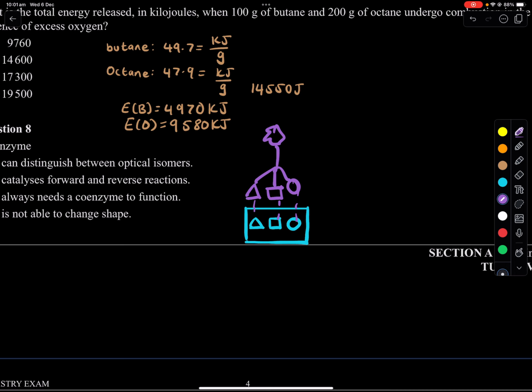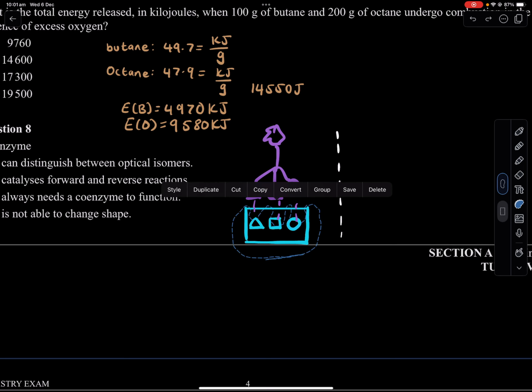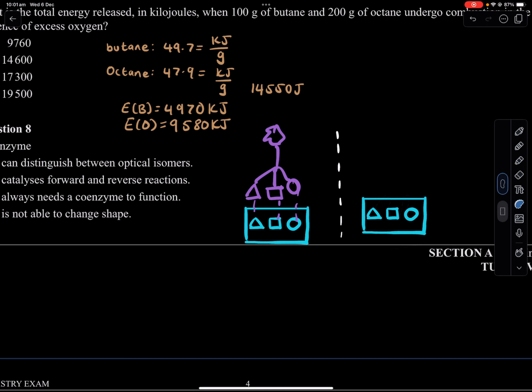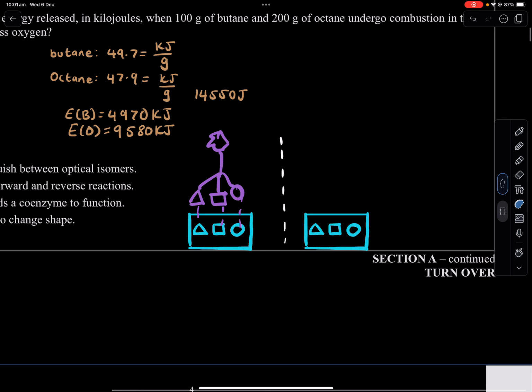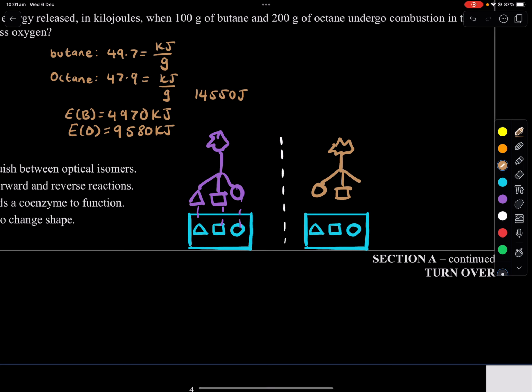Now, if I draw the mirror image, the same diagram, remember that the enzyme is going to be the same. Let's put the enzyme here. And now we're taking the mirror image of this, where the star's still here, and now the circle is going to be here, the square is still going to be there, and now the triangle. Now this actually doesn't fit inside.